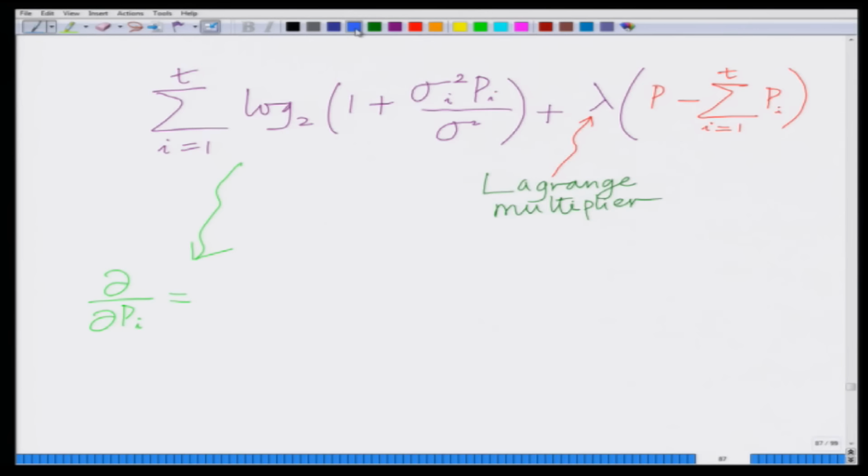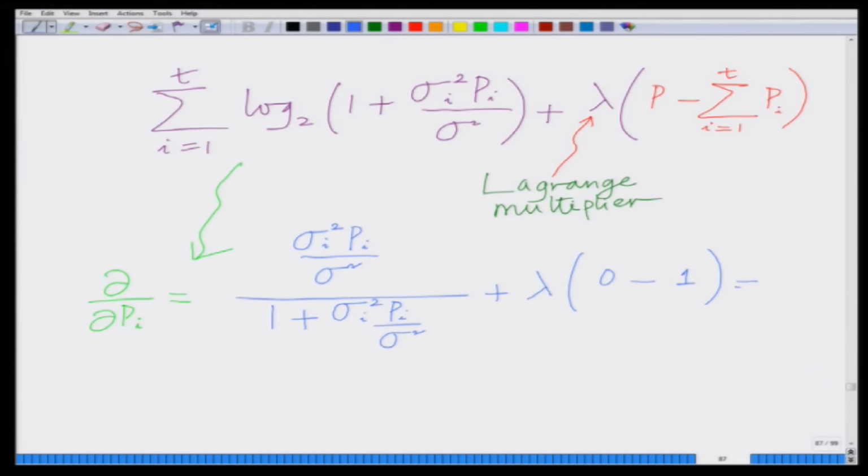Now, once you differentiate this with respect to the power, the derivative of log of x is 1 over x. So, we have 1 over 1 plus sigma i square Pi divided by sigma square, times the derivative of sigma i square Pi over sigma square with respect to Pi, which is sigma i square over sigma square, plus lambda times the derivative of P with respect to Pi, which is 0, minus, out of this summation only the derivative of Pi with respect to Pi will survive, minus lambda times 1, since the derivative of Pi with respect to Pi is 1.